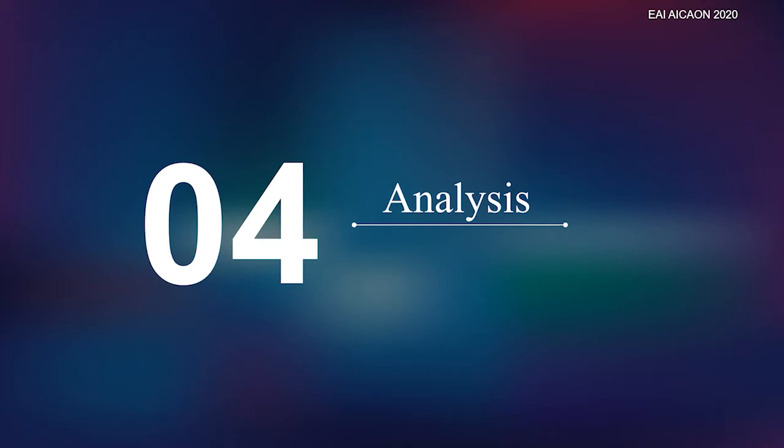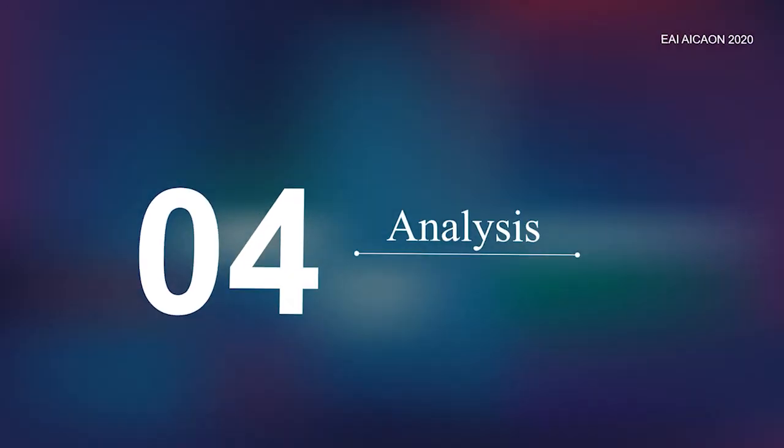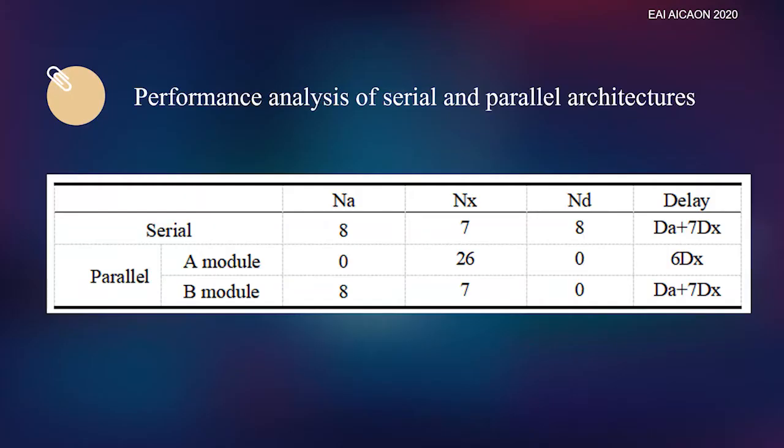Okay, the fourth part of my paper is the analysis of the resources and the timing sequence. This table shows the resource usage and timing comparison of the serial and parallel multipliers.